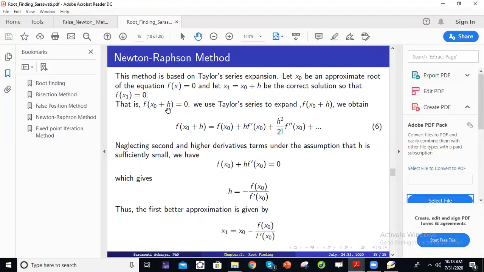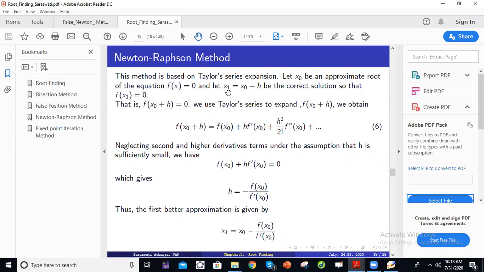We expand this f of x naught plus h by Taylor series, right? Taylor series expansion for a single variable. We neglect second and higher derivative terms as we assume h is sufficiently small. Okay, we have f of x naught plus h times f dash x naught equals to 0.